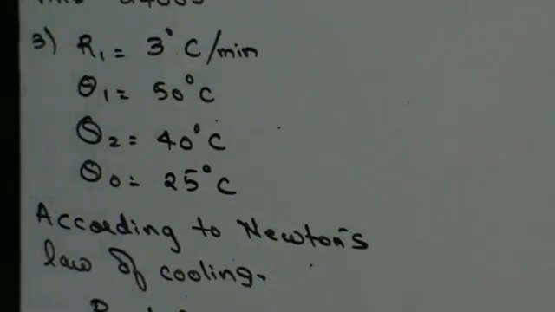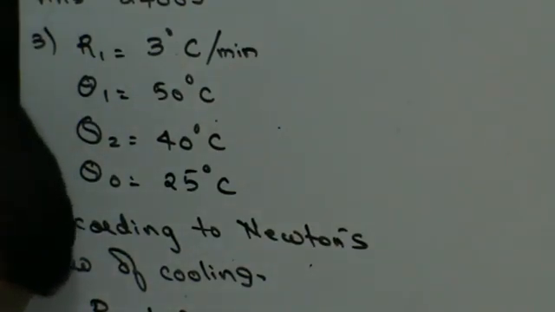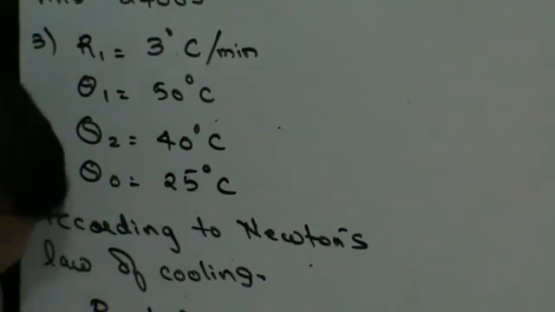So in that case I can say that R1 is this, then similarly R2 is K into theta 2 minus theta 0, therefore R1 upon R2 is theta 1 minus theta 0 upon theta 2 minus theta 0, right? Cross multiply, you have R1, you have theta 1, theta 2 and theta 0, you should be able to get R2. Answer for this sum should be 1.8 degrees Celsius per minute.